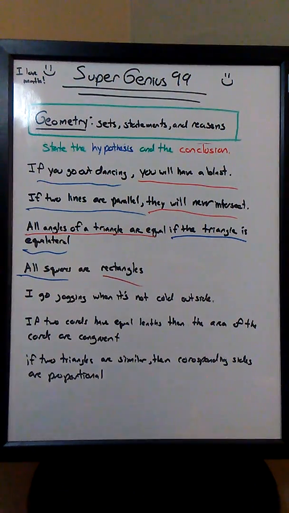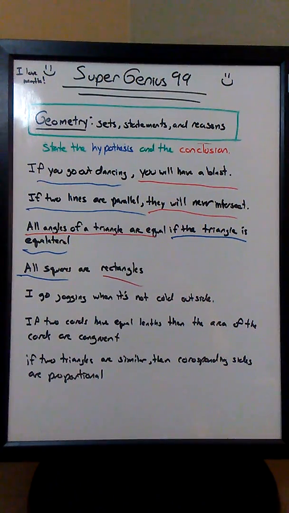Let's look at the next one. I go jogging when it's not cold outside. We don't see an if statement in there directly, but what would be the hypothesis and the conclusion? What is the condition here? What is the whole sentence riding on?